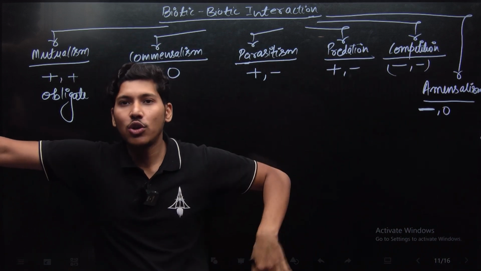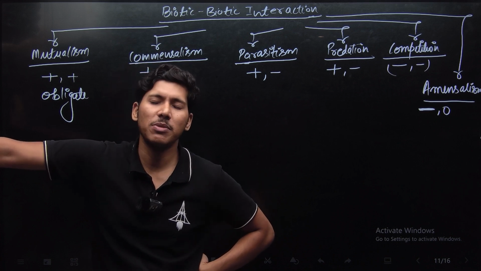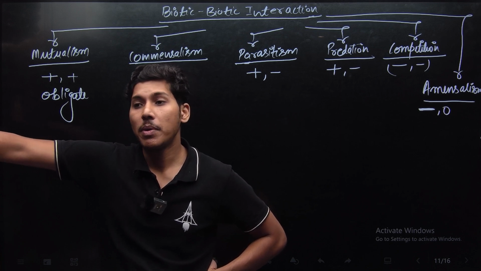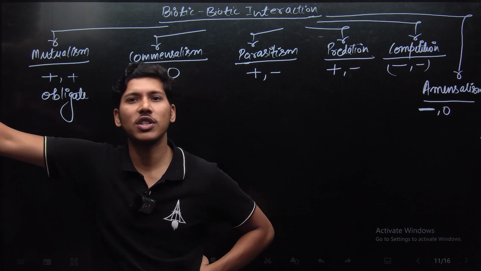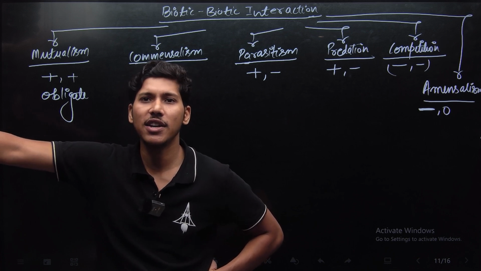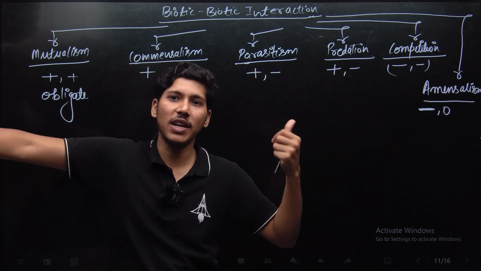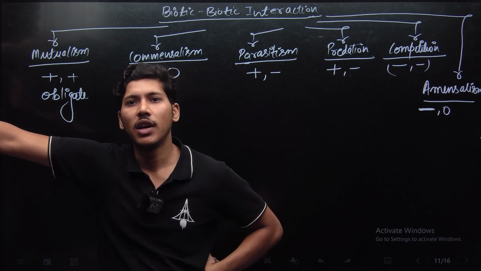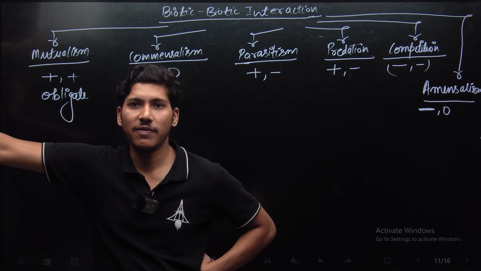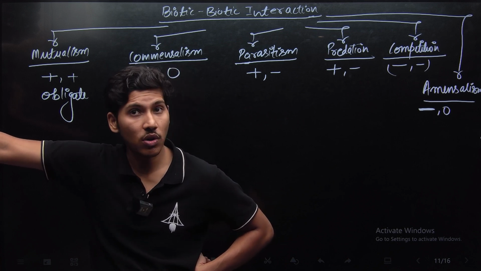The things that I told here are the basic principles, and if you know these basic principles, you will be able to solve questions that will be asked in the exam. But I urge you to study the different examples written in your NCERT with respect to all these interactions, because this topic is very important. Like there is a topic of brood parasitism mentioned in your book, which occurs between cuckoo and crow.